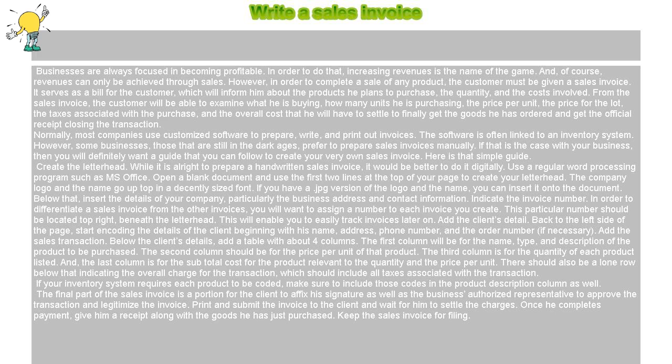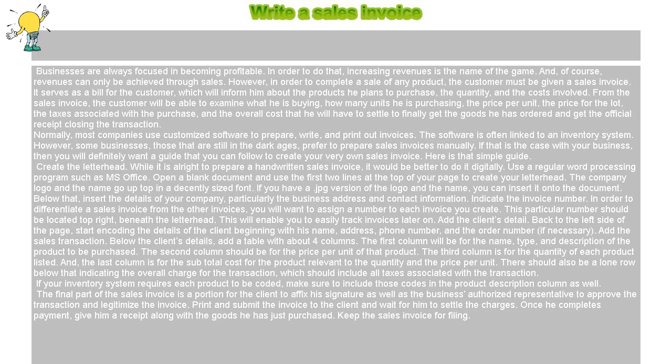Below the client's details, add a table with about 4 columns. The first column will be for the name, type, and description of the product to be purchased. The second column should be for the price per unit of that product. The third column is for the quantity of each product listed.